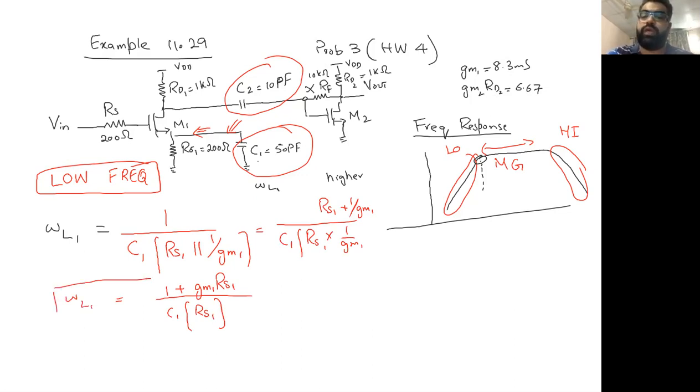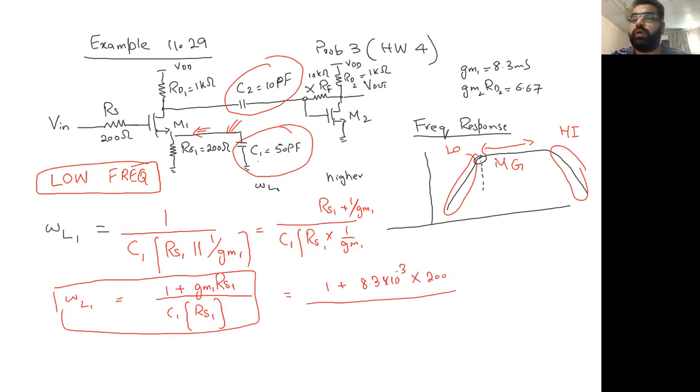So now we have all these values which are used here. We have GM1 as 8.3 milli, RS1 as 200 ohm, and C1 as 50 picofarad. So we can just plug in the values and find out the omega L1. So 1 plus 8.3 into 10 to the power minus 3 times 200, divided by 50 into 10 to the power minus 12 into 200.